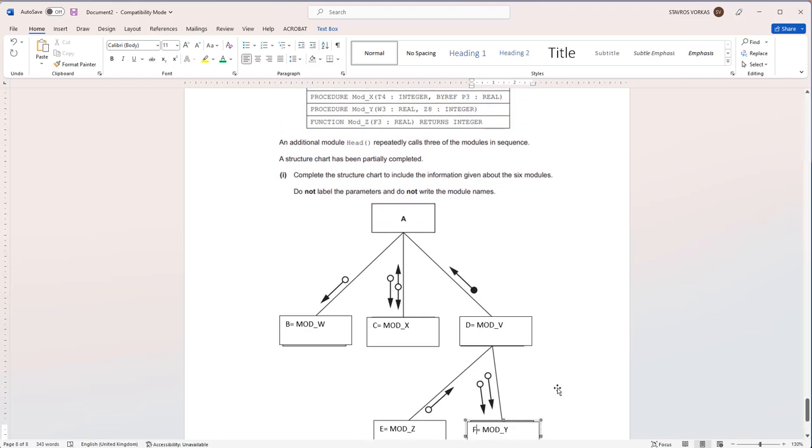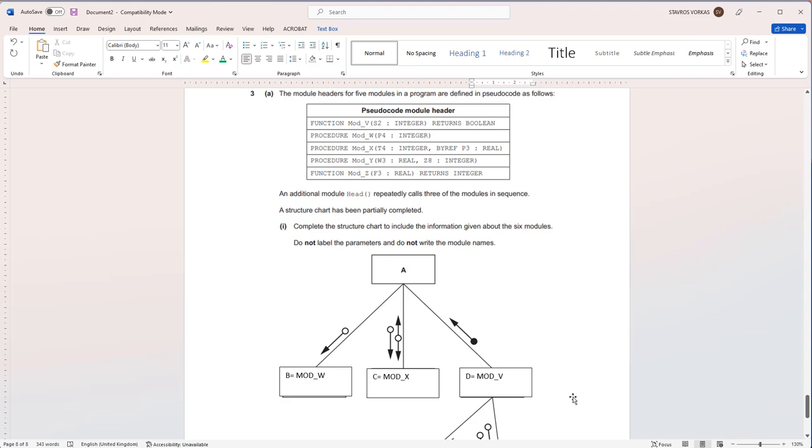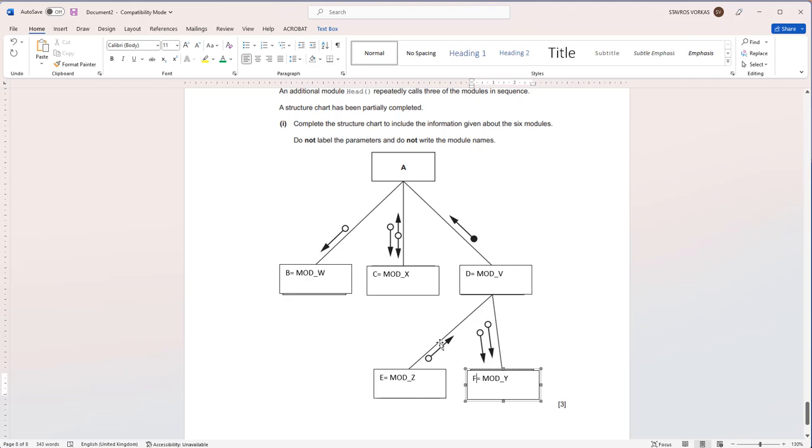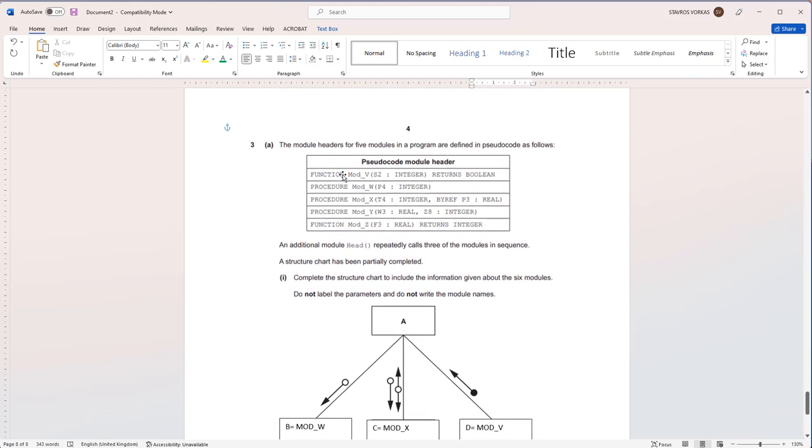Well, there you have it. That was me solving a typical structured chart question in a matter of a few minutes. There's a few things that you have to remember while you're solving these. Arrows pointing upwards means essentially returning values, so they're usually referring to functions. Now, we had two functions.